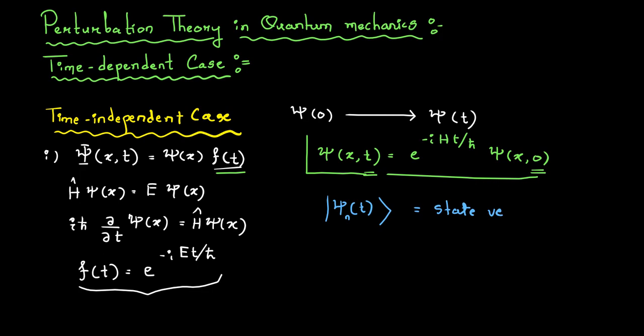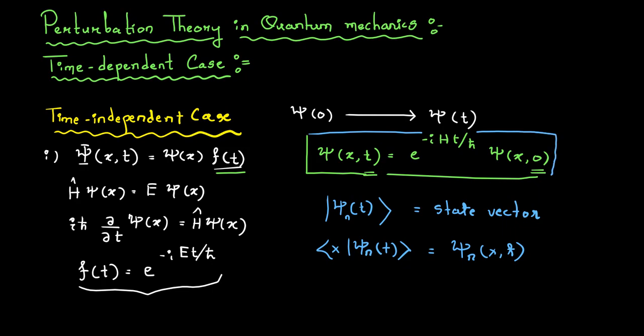To go from the state vector to the wave function in the position basis, you can do this, and then you get this. Here n represents the various levels, but n is not important in this case. My main motivation is to prove this in the time dependent case, and then we will move to the time independent case.